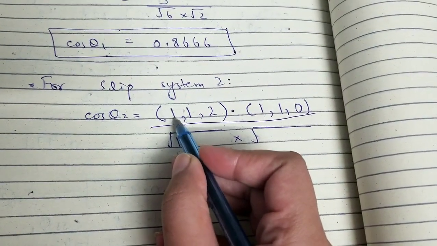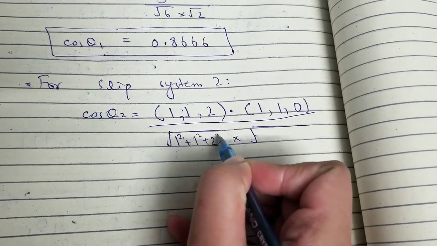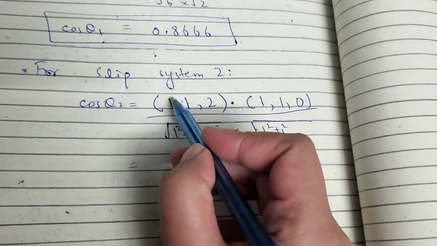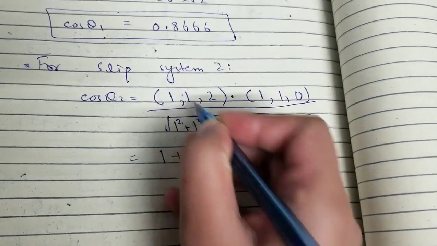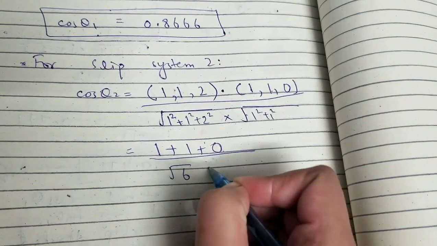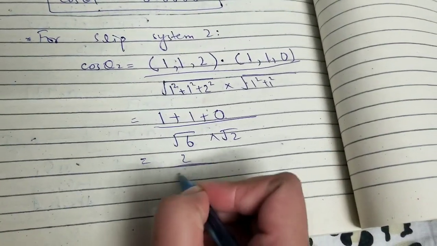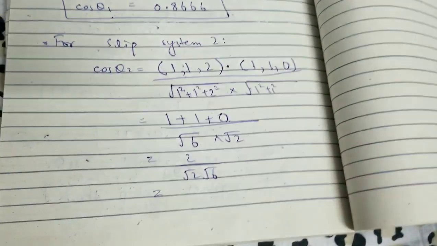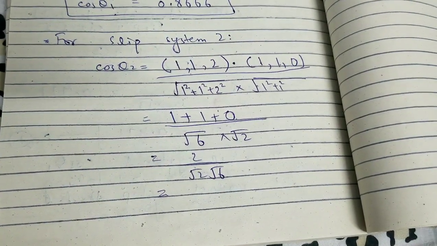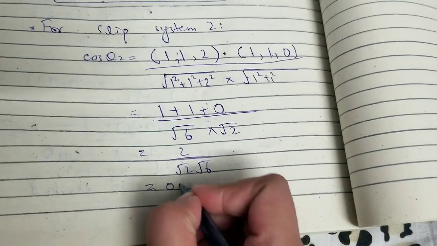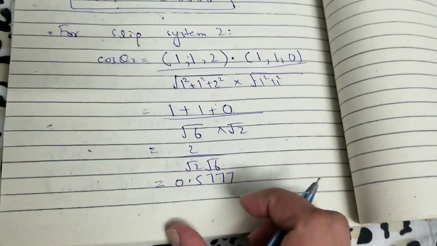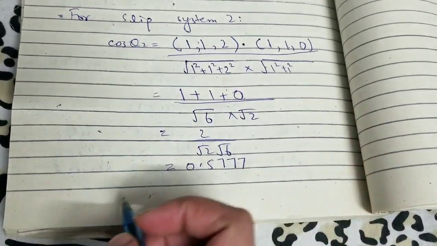So taking the square of 1 plus the square of 1 plus the square of 2, the square of 1 plus the square of 1, the square of 0 is again 0, so I'm not mentioning it here. Multiplying 1 with 1 plus 1 with 1 plus 2 with 0, it's under root 6 here, multiplied by under root 2, and it's 2 over under root 2 into under root 6. So the value of cos theta 2 for the direction 1 1 0 comes out to be 0.5777. You can confirm it by calculating 2 by under root 2 into under root 6.